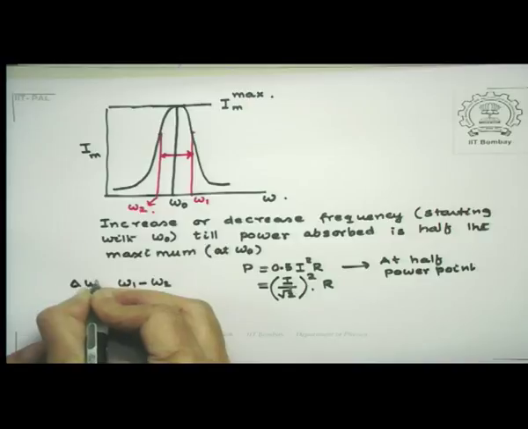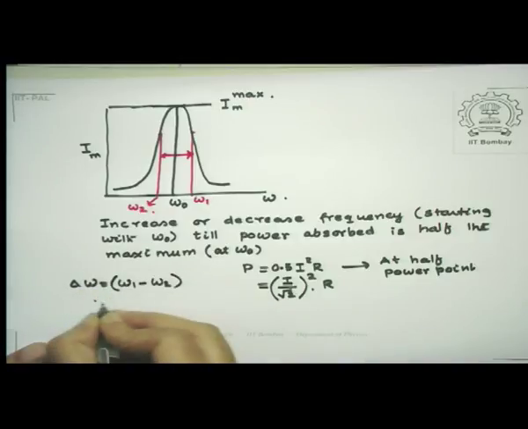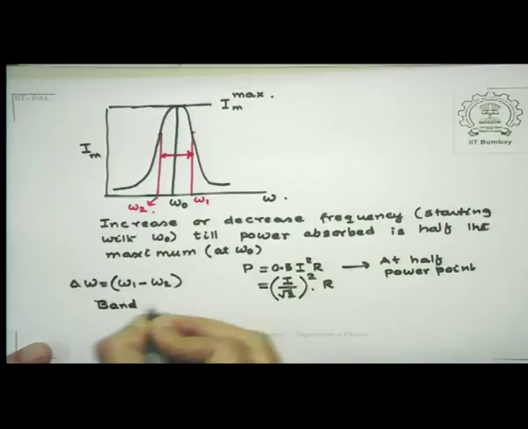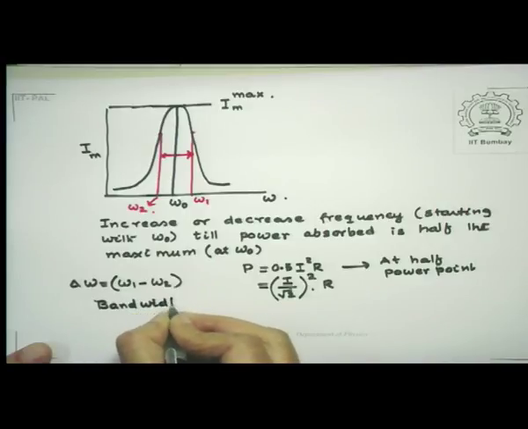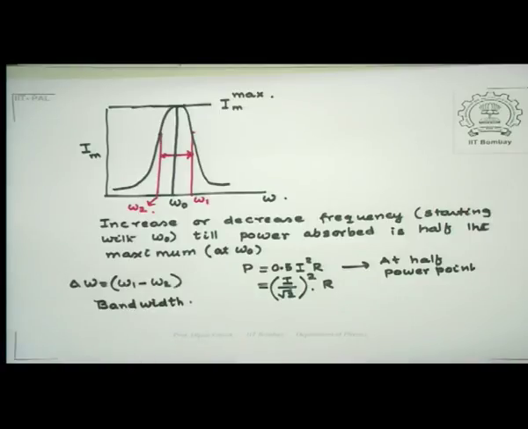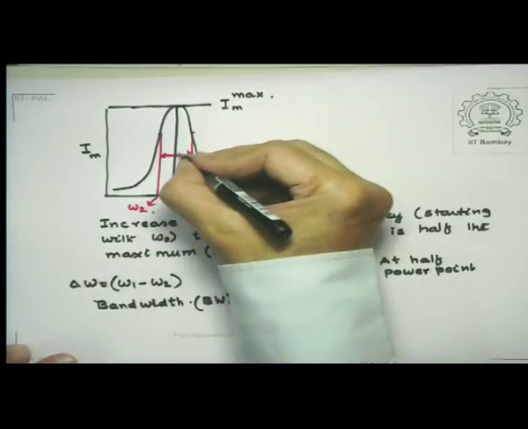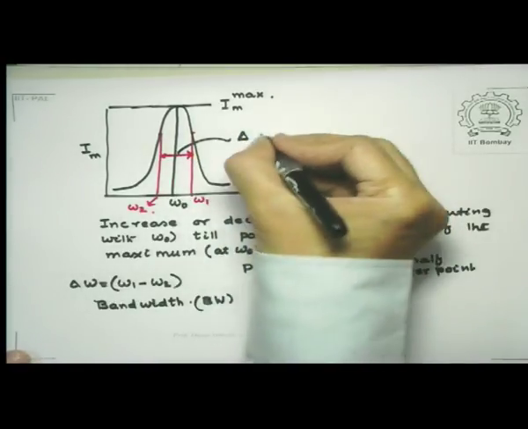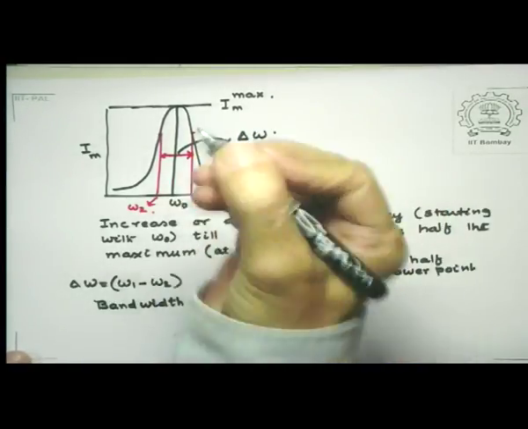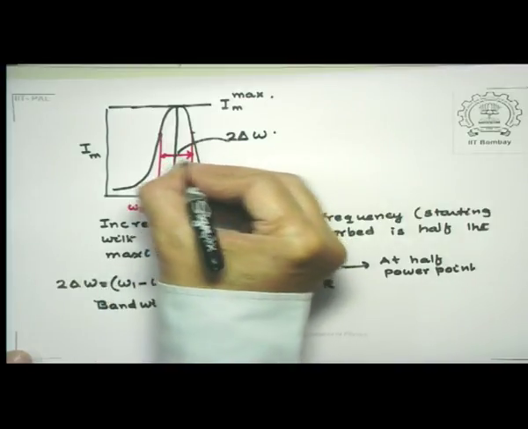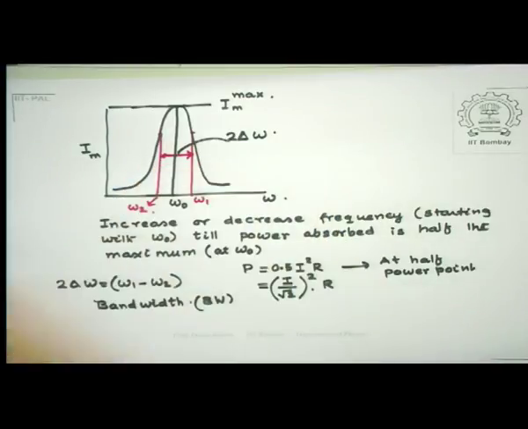So let's write this as delta omega. This is bandwidth expressed in radian frequency. You could also write it as f1 minus f2, which will be in hertz. Usually bandwidth is just written as BW. Actually it is 2 times delta omega, because if this is delta omega, this is also another delta omega.